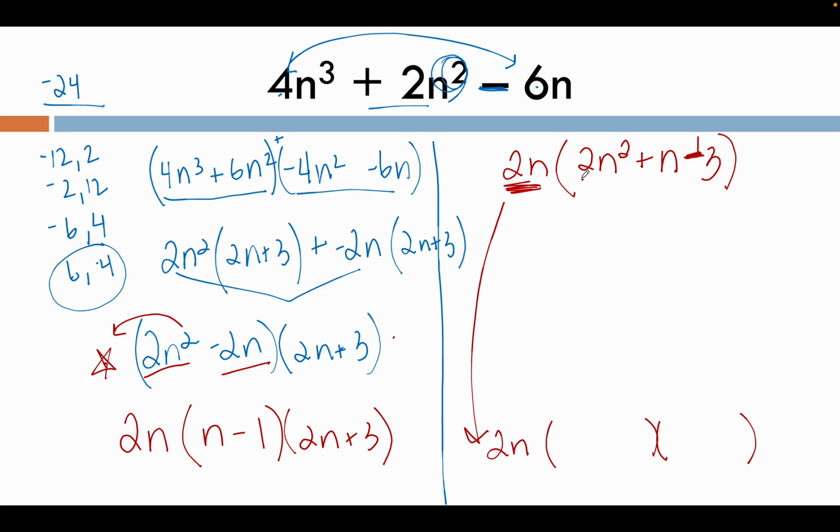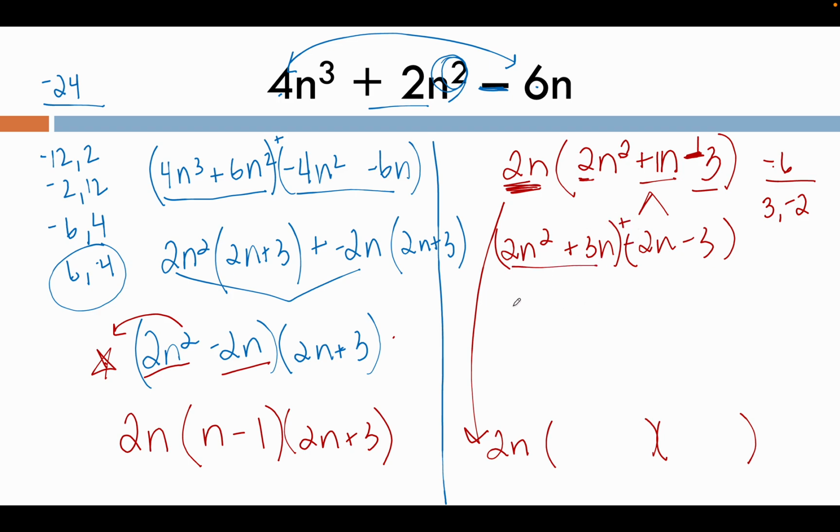But then now you're going to do 2 times negative 3 is negative 6. What 2 numbers multiply together to give you negative 6, but add together to give you a plus 1? So we've got a positive 3 and a negative 2 that will do that. So we break that up. We've got 2n squared plus 3n minus 2n minus 3. Grouping those together, putting a plus sign in the middle.